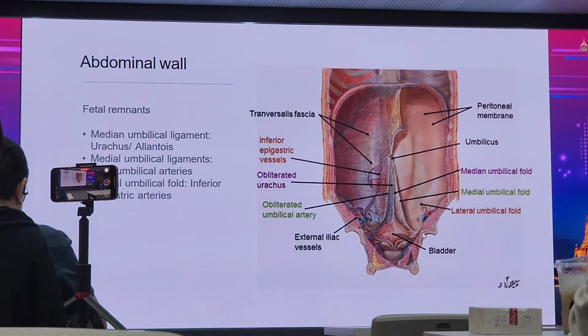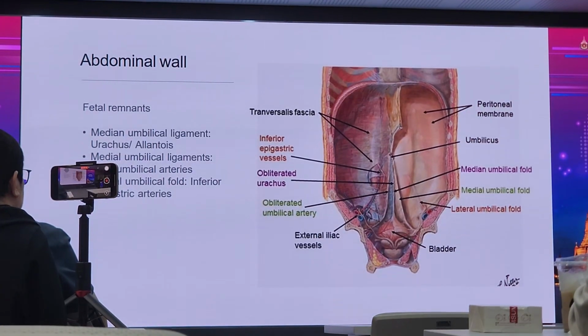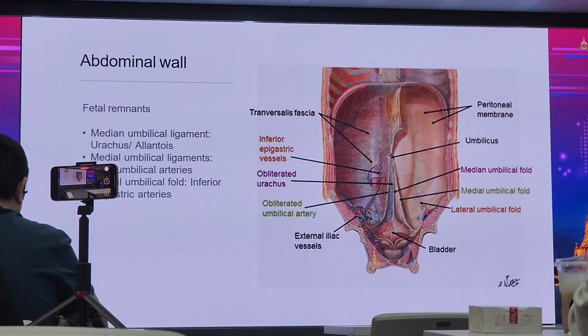The lateral ones are the medial umbilical folds, which used to be the obliterated umbilical arteries. That is one important thing, because when you trace the obliterated umbilical arteries back to the origin, they come from the internal iliac arteries.